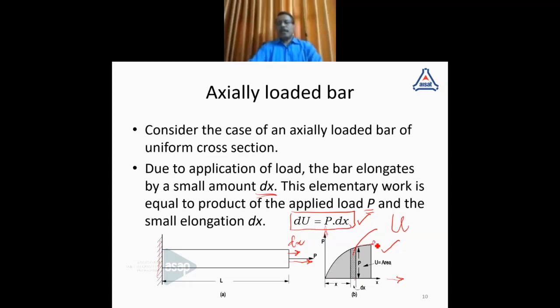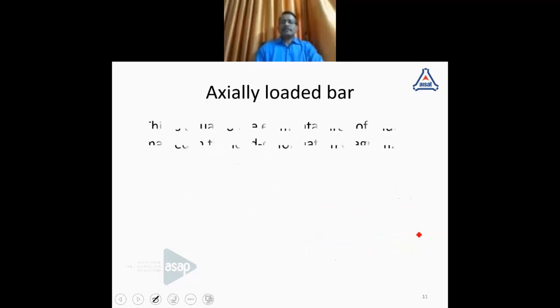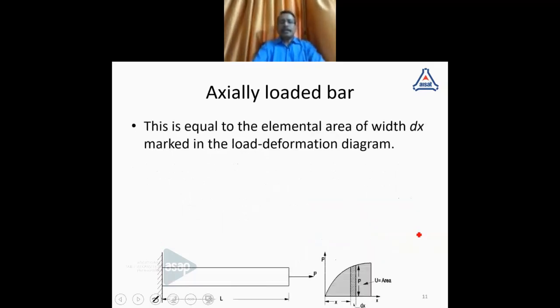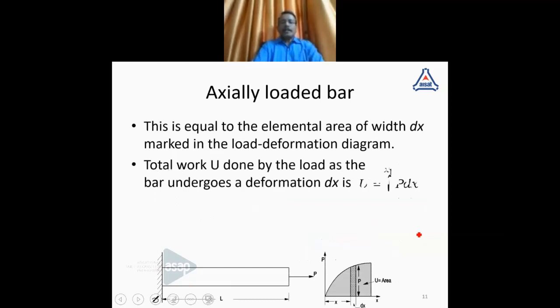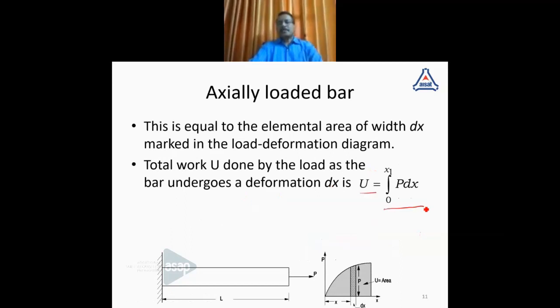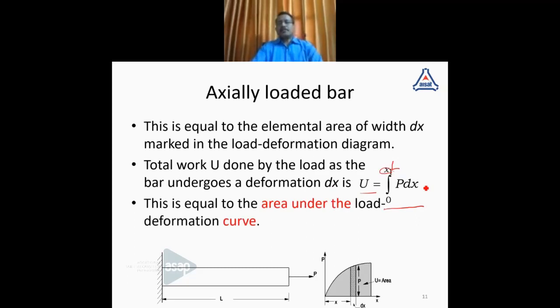So continuously it is varying. So this can be obtained as an integral of P dx. Let's say the total work done is given by integral P dx over the length x1 or L. So here it is taken as L. So integral 0 to L P dx. By integrating this, we can get the area under the curve. The area under the curve is defined by this integral.